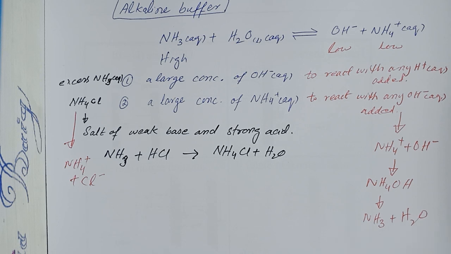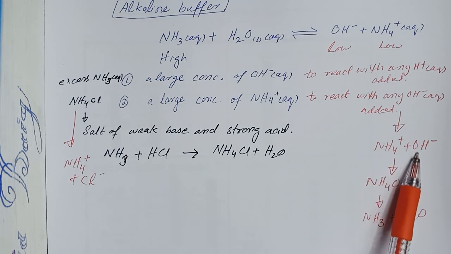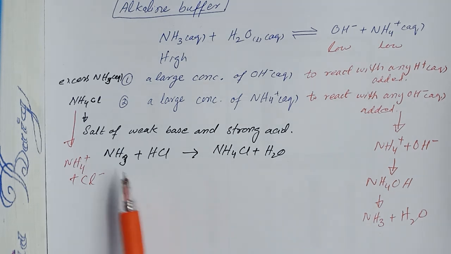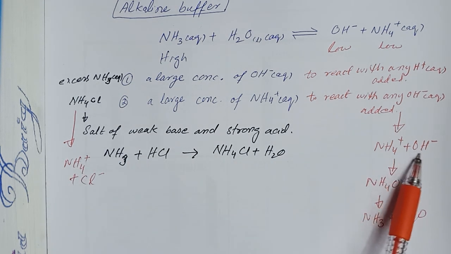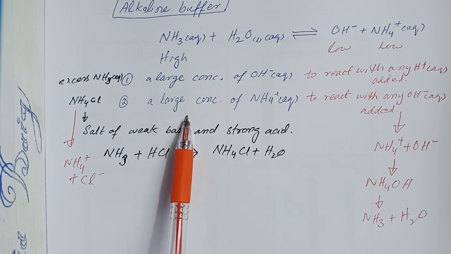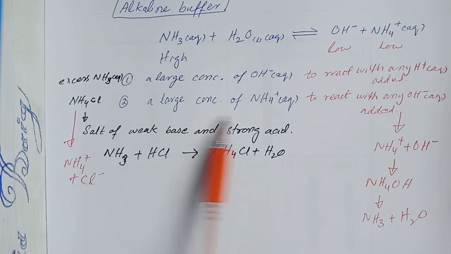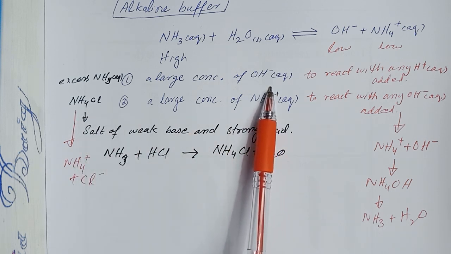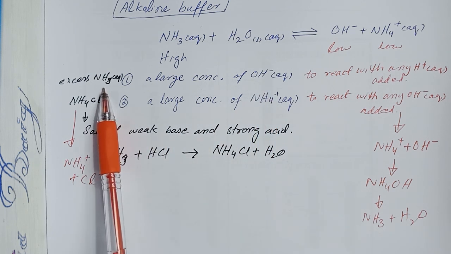So in this way, for alkaline buffer solution, when we have excess of alkali, it can be neutralized by adding the ammonium chloride salt, which can be dissociated completely into ammonium ions. These ammonium ions can neutralize the added alkali to water and ammonia. So for the addition of alkali, we need large concentration of ammonium ion that can be provided by adding the ammonium chloride salt, or for addition of strong acid to the alkaline buffer solution, we need excess of undissociated ammonia.